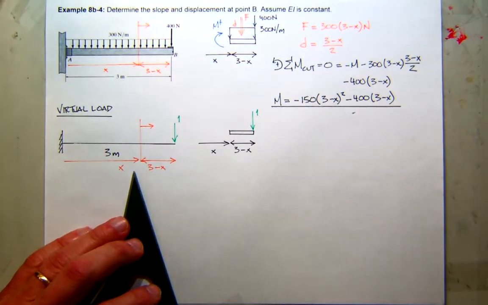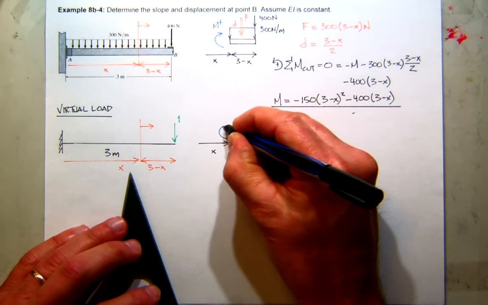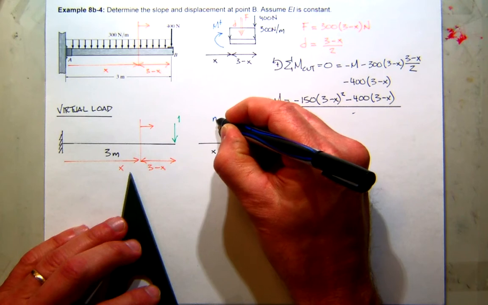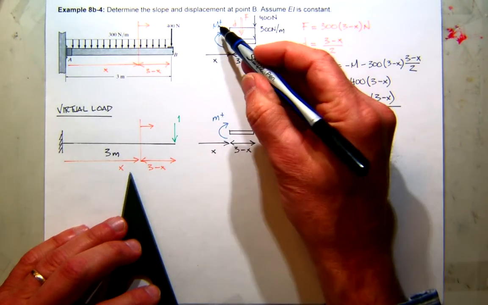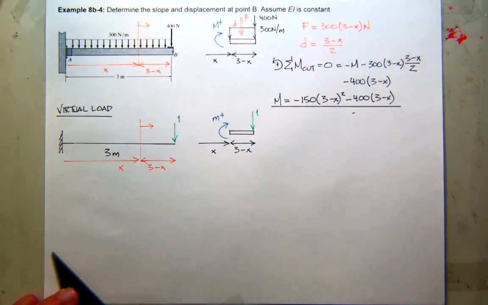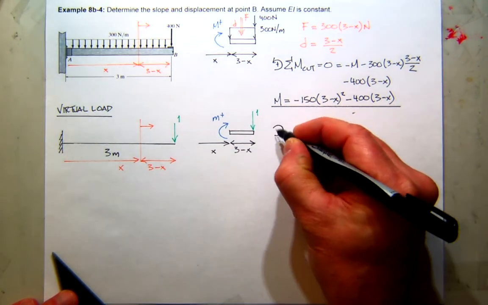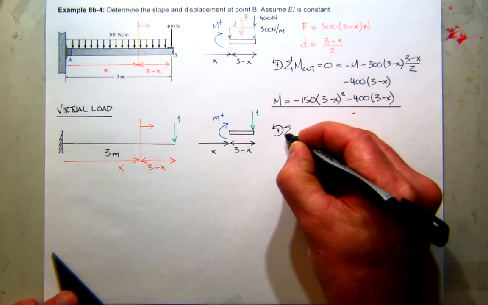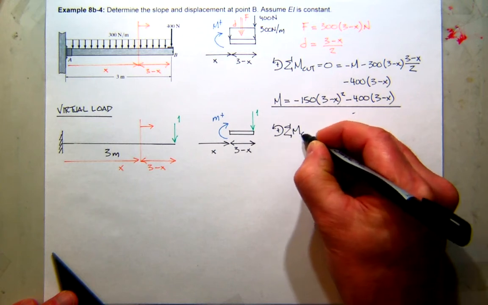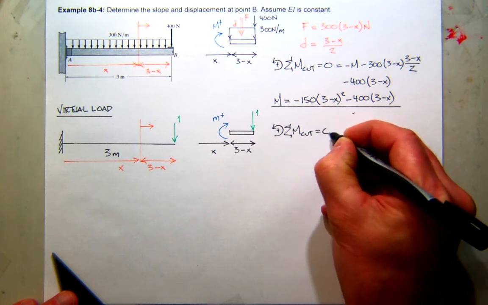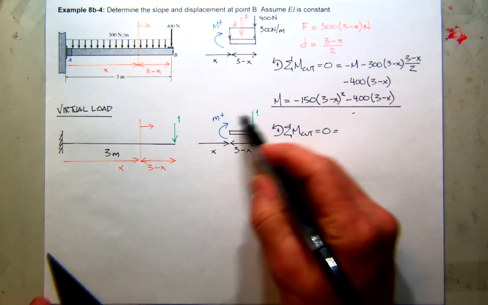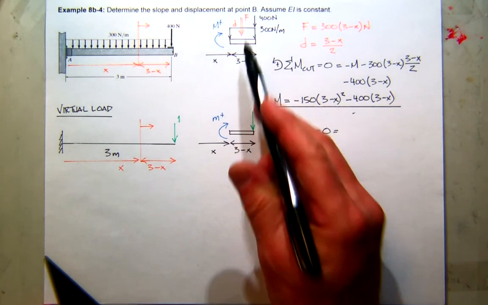We are going to assume positive virtual moment. So uppercase for real, lowercase for virtual. And we'll do the same thing we did previously. We'll sum moments at the cut. This is an easier system to do than the real system.